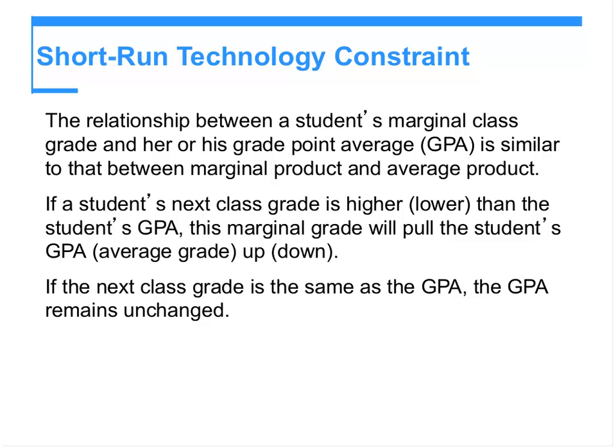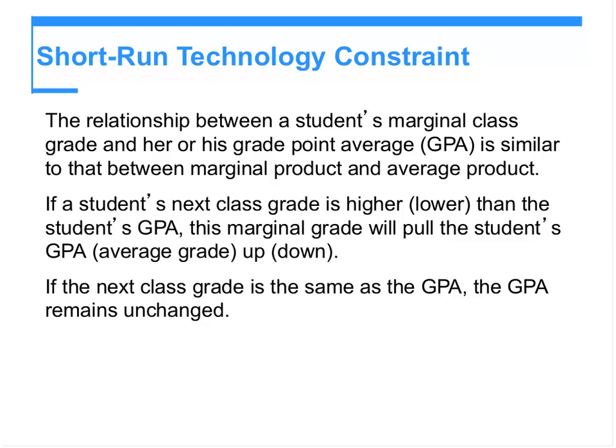So if the next class grade is going to be higher than the student's GPA, this marginal grade will definitely pull up the student's GPA. It's very clear. For example, we have two courses. So far, if it's out of 100, you got an average of 85.